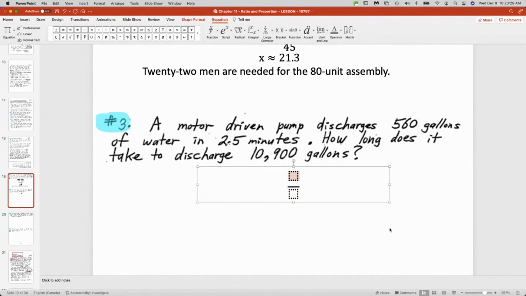So we'll say here we have, it doesn't matter if you write gallons on top or on the bottom. I'll just put gallons on the top because you're comfortable with having time on the denominator when involving rates.